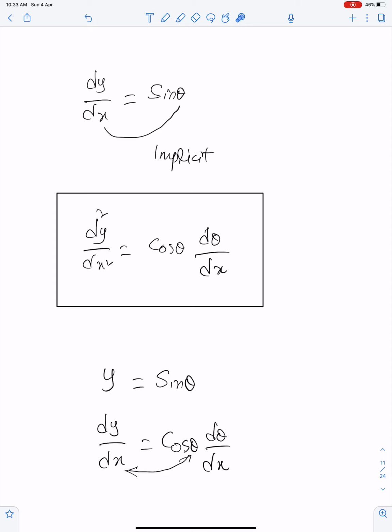So make sure whenever these two are different, the function is always implicit. So you need to multiply your answer by d theta upon dx.